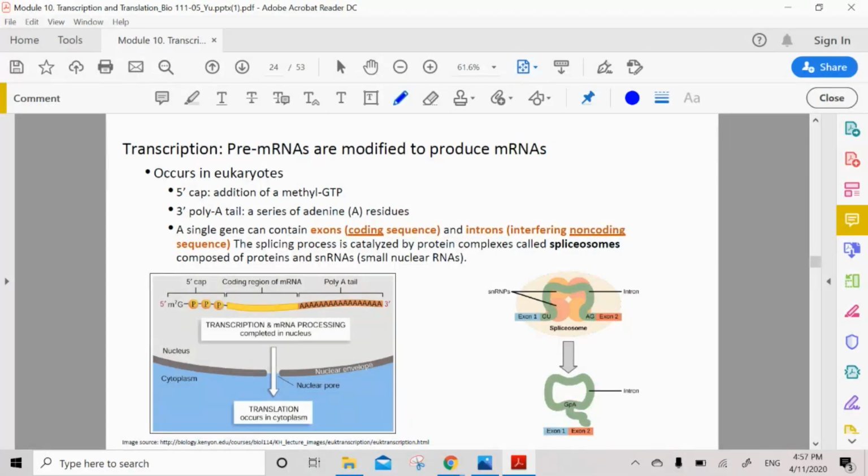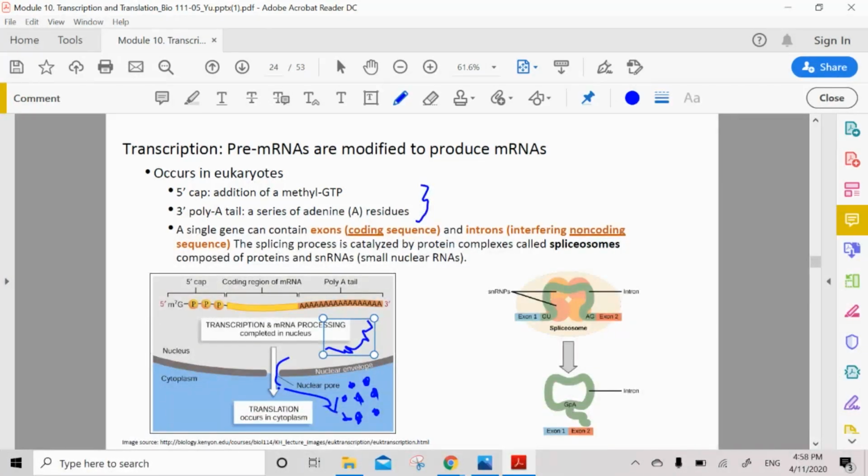In order for mRNA to move all the way out of the nucleus into the cytoplasm and then find the ribosomes to translate, that's not a very short and easy journey, right? So we want to make sure that these mRNA molecules are stable until they fulfill their tasks. There are two things that we can do to make them more stable and also make it easier for the mRNA molecules to exit the nucleus and get to ribosomes.